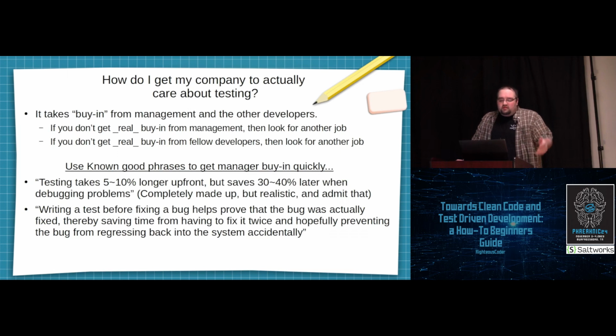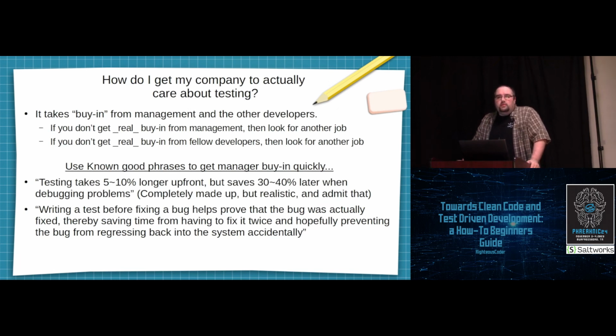Some known phrases, I've said these in particular. It takes 5 to 10% longer up front to write tests, but saves 30 to 40% later when debugging problems. Are those numbers completely made up out of my head? Yes, but generally they actually do hold true, and that pattern is applicable.